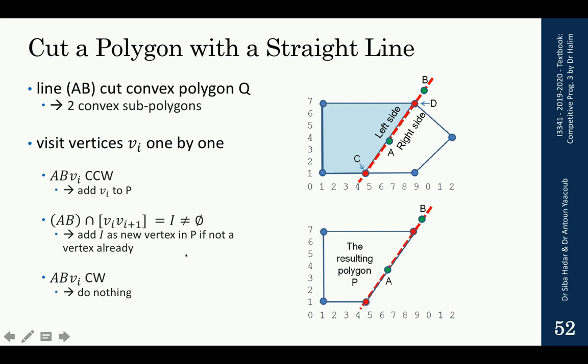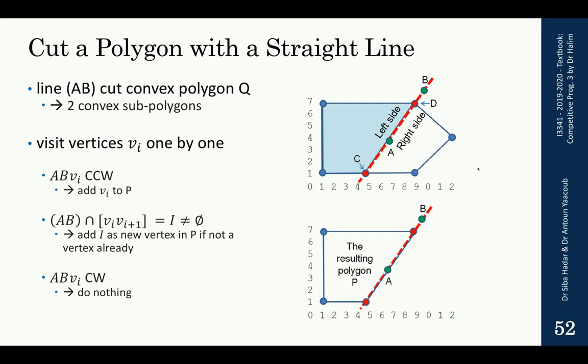So if it is not already a vertex, I add it to the polygon P. And in case A, B, Vi are not counterclockwise, they will be clockwise. So it means Vi is on the right side of the line. It will be part of the right convex subpolygon, and I will not add it to P, of course, because P is the left convex polygon. So this is the basic idea.